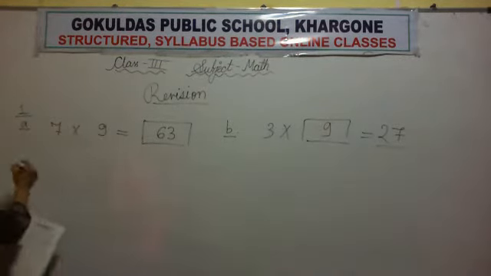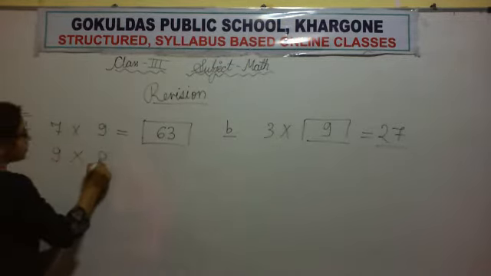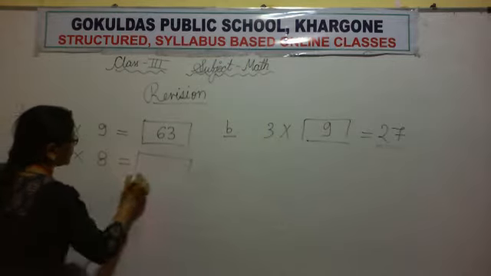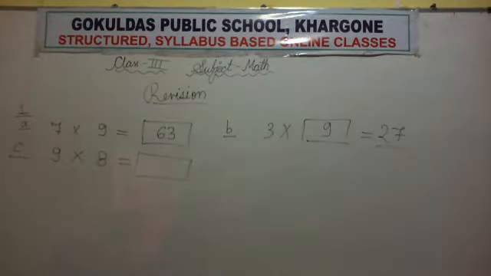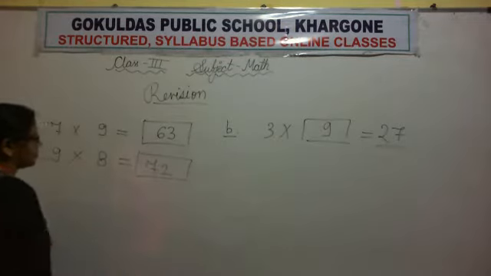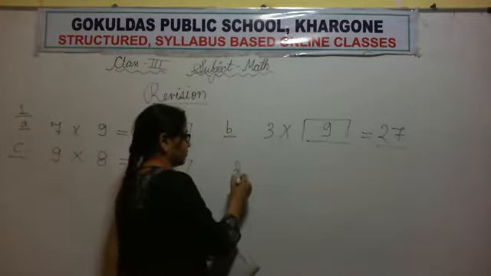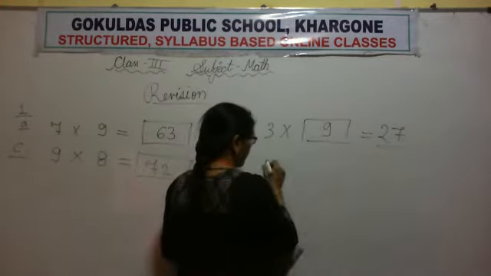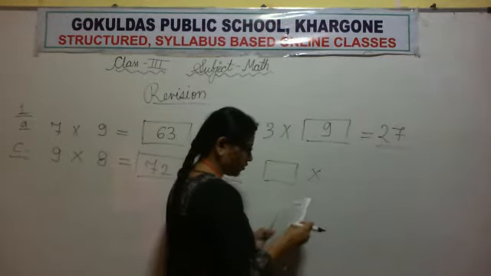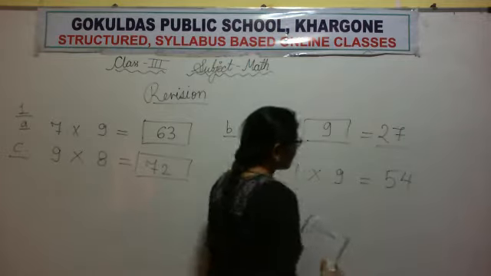And the next one, 9 into 8. So 9 eights are, 8 nines are 72. So we'll write 72 in the box. For this you need to learn the table of 8 or 9. The next one, blank into 9 is equals to 54.